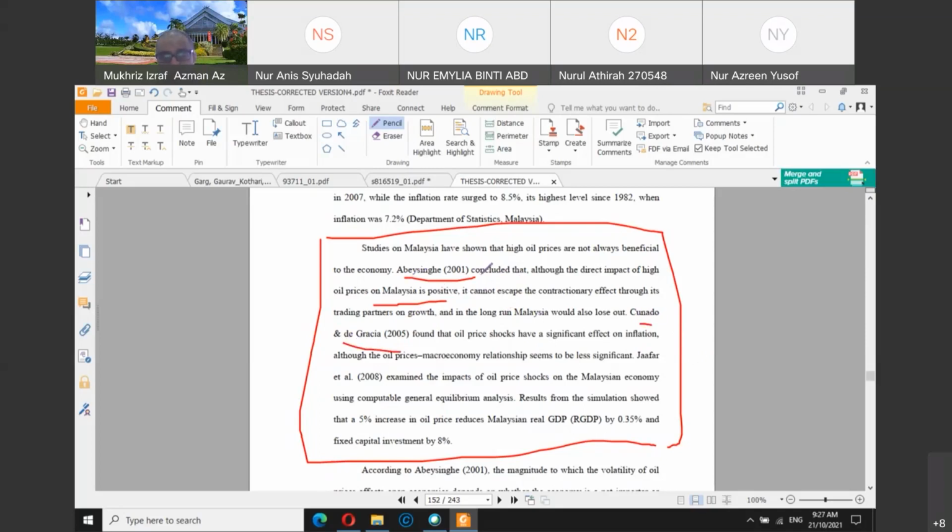They have Malaysia as part of the analysis, but maybe the focus is slightly different, the time frame is different, and some of the variables are not the same. I need to justify that my project is different from what Abi Singhi and Cunado have done, or else the examiner will ask me why I am doing this when other people have done exactly the same.